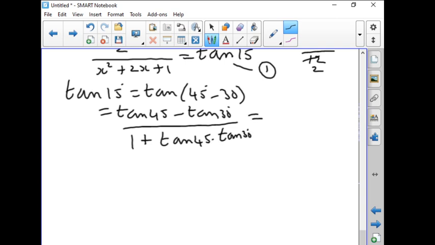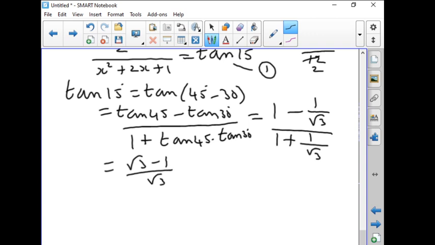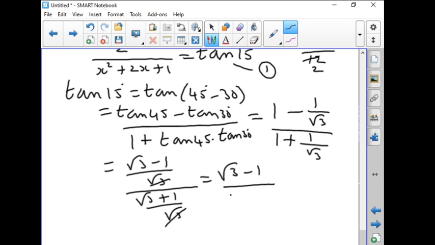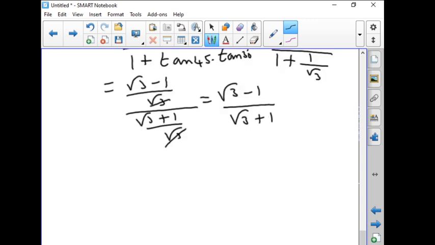So tan 45 is 1, tan 30 is 1 by root 3. Taking LCM, what you will get? Root 3 minus 1 by root 3 by root 3 plus 1 by root 3. So root 3 gets cancelled. So it is equal to root 3 minus 1 by root 3 plus 1. So tan 15 is this.